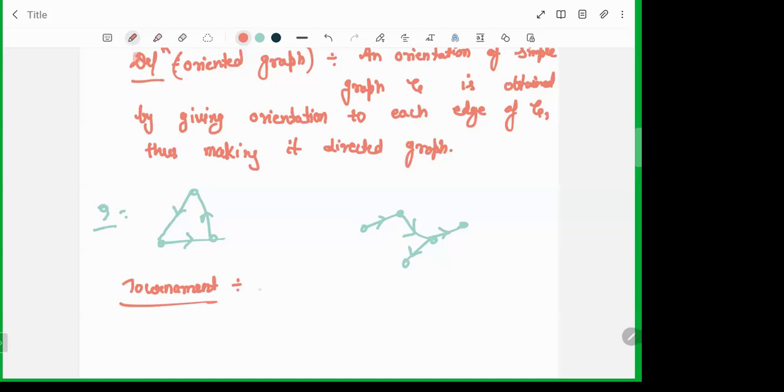A tournament on n vertices is an orientation of the complete graph Kn.